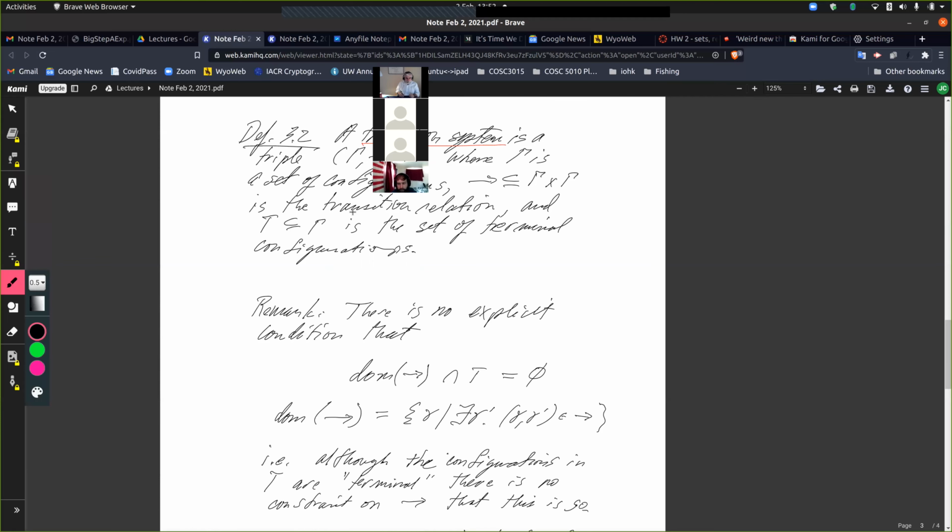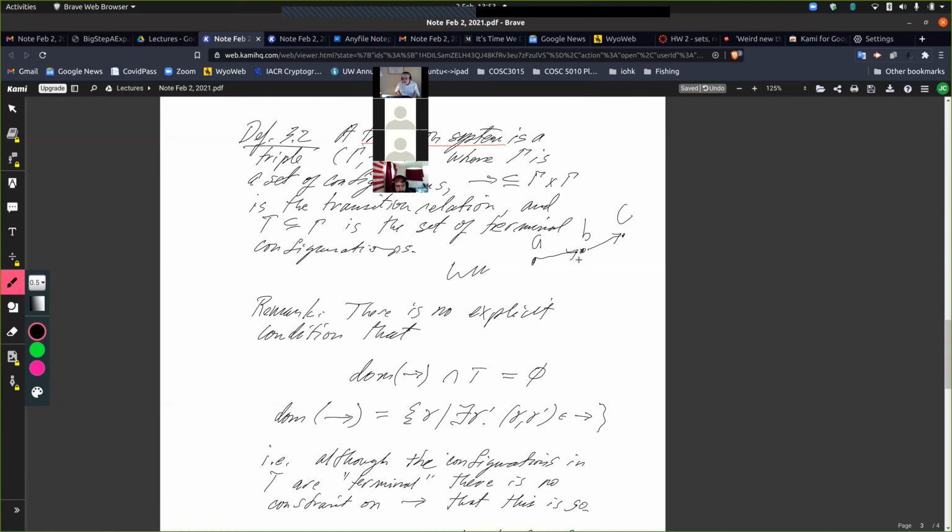The next remark is that if you start thinking about this, you might go, wait a minute, the intention of T is that you can't get out of T. But suppose I had an A with an arrow to B and an arrow to C. What would it mean to put B in as a terminal in the set T?